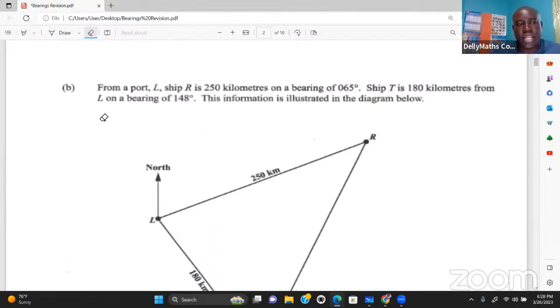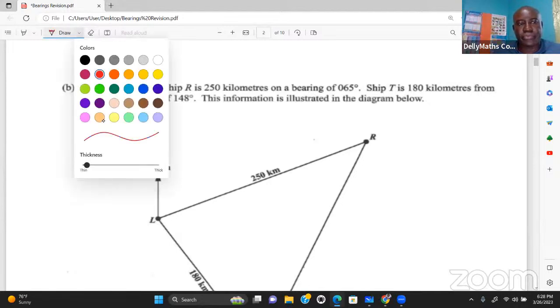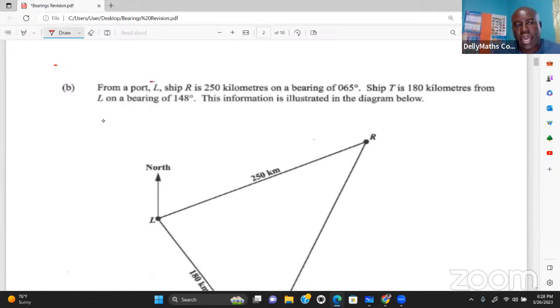So let us look at the bearings that we got. First information is that from L, ship R is 250 kilometers on a bearing of 065. All bearings are measured from the north of the point. So from L, you step up to the north line and you do a clockwise rotation, 65 degrees, and you are getting the bearing that will lead to R. So we want to put that on.